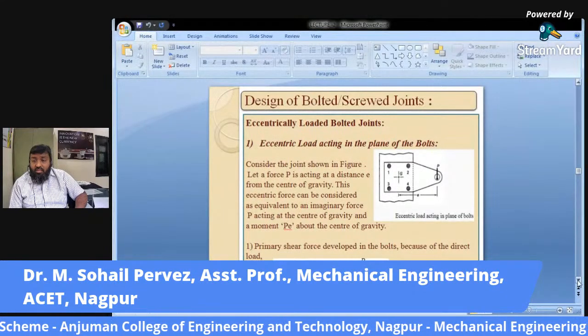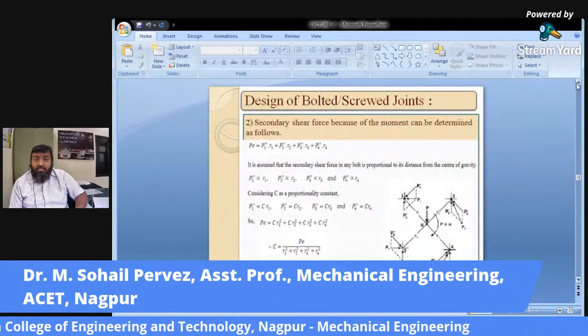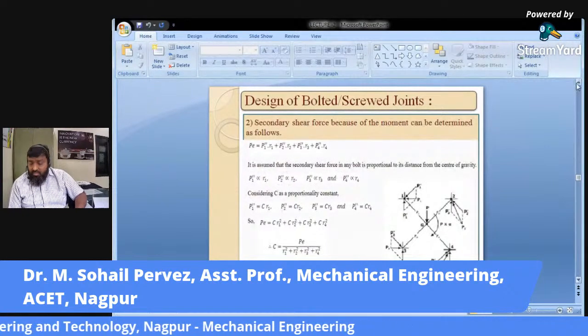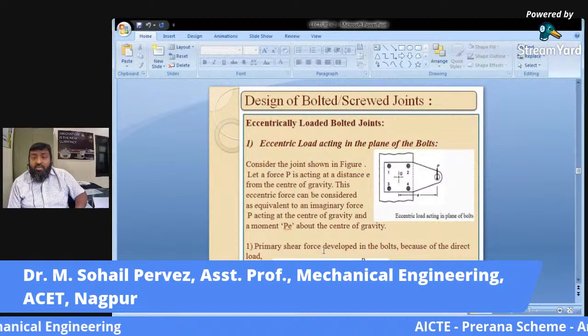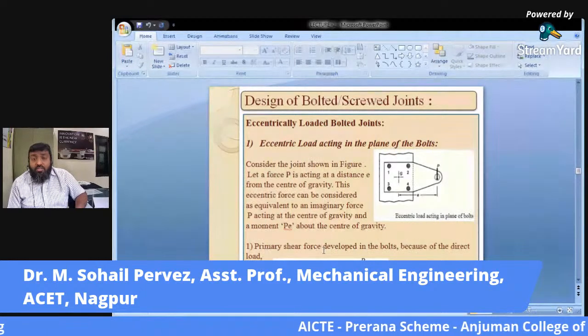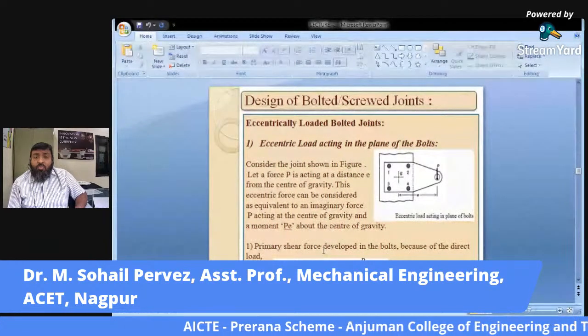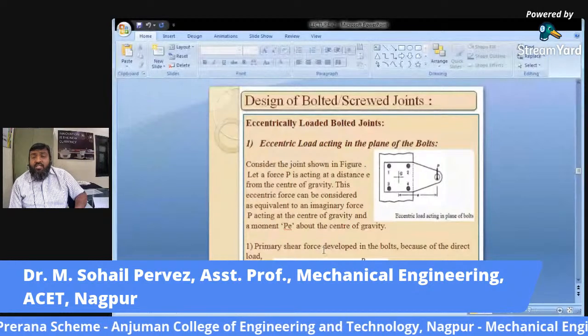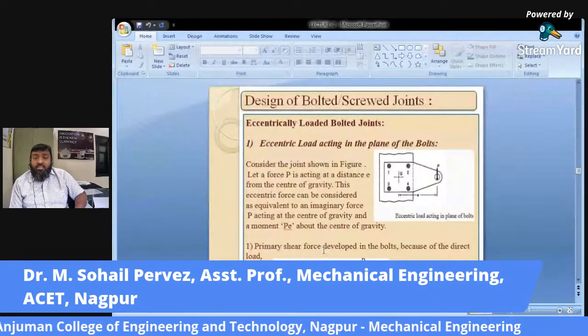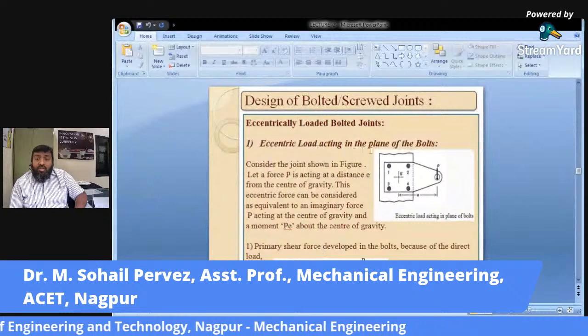Please concentrate for only 2 minutes, and we'll wind up today's lecture, because this is the important portion which I was expecting to be covered in riveted joints also. But no problem. Today we have finished with the eccentric load acting in the plane of the joint. So these would be the formulas for the rivets also.